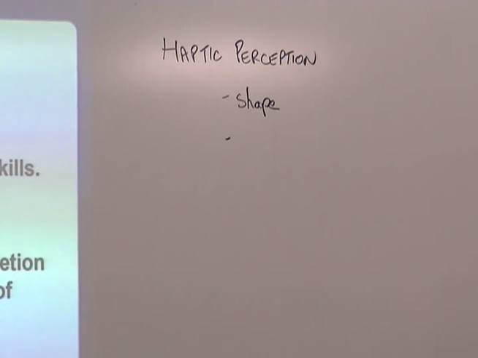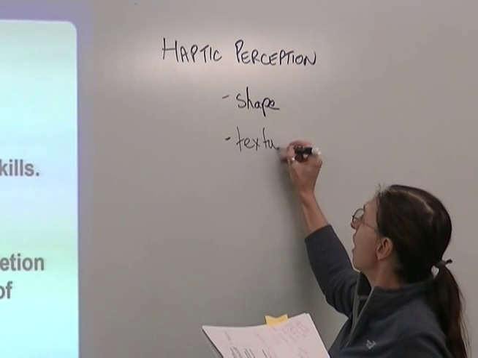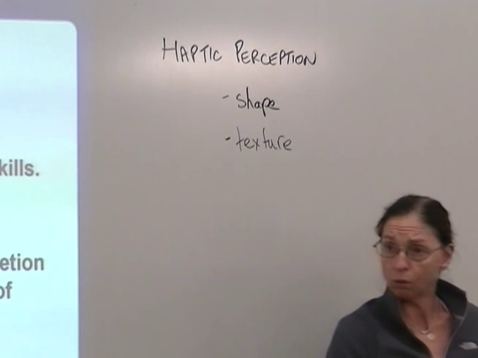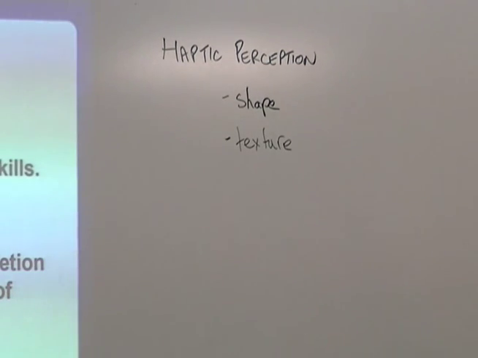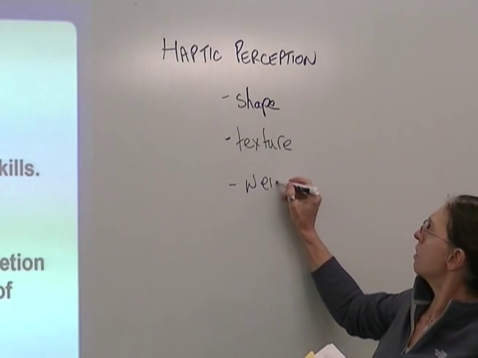What about, think about the balls that we have on the playground. Surface, all right, so texture. Because I can tell if I'm holding one of the knobbly balls or a smooth ball. How hard it is.